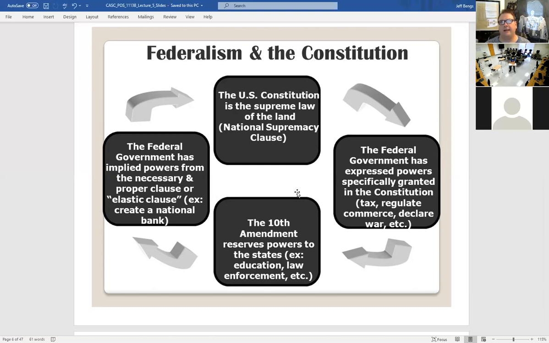Usually, or I should say, almost always, a government of a country would be absolutely sovereign. That is, their power would be indivisible. With federalism, remember, power is divisible. That is, it's divided.